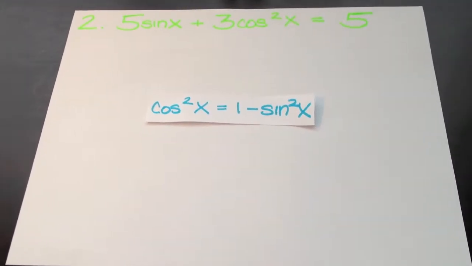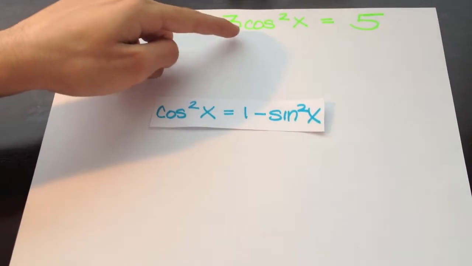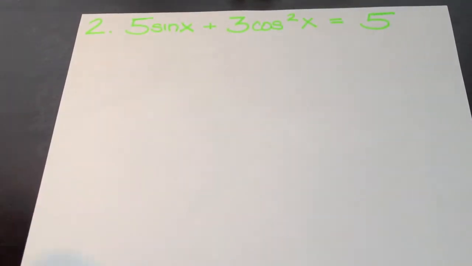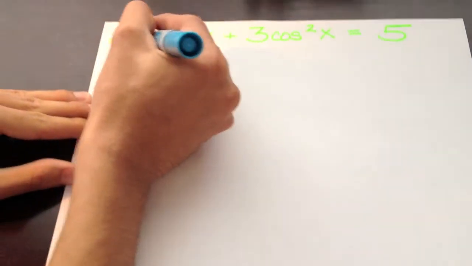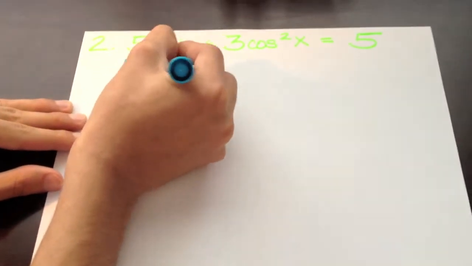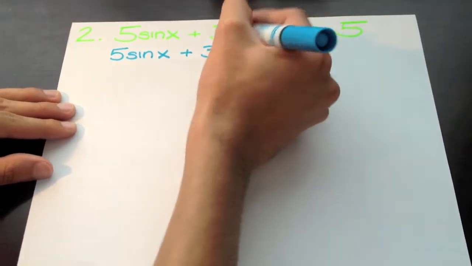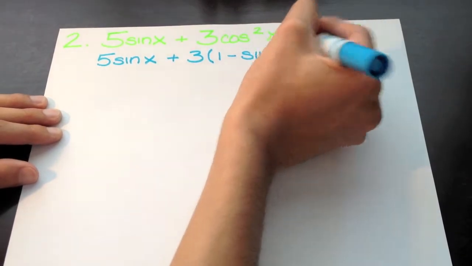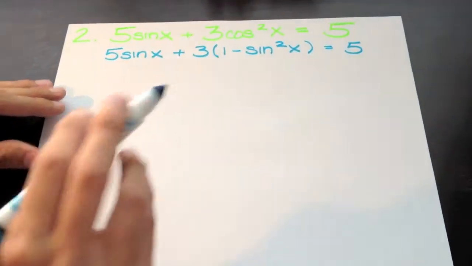So we're going to substitute 1 minus sine squared of x into cos squared of x. So I'm going to write the equation as 5 sine of x plus 3 times 1 minus sine squared of x equals 5.